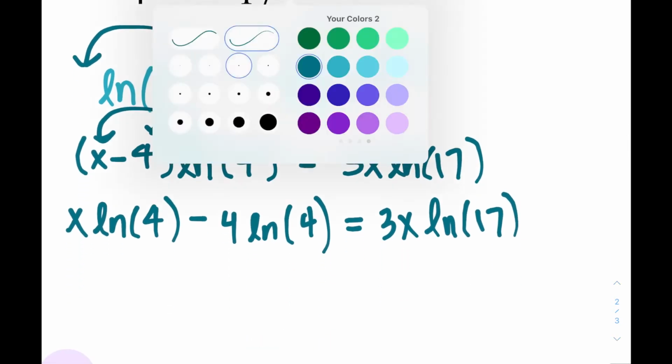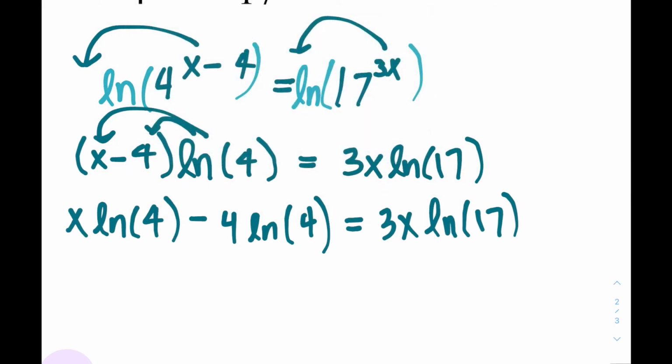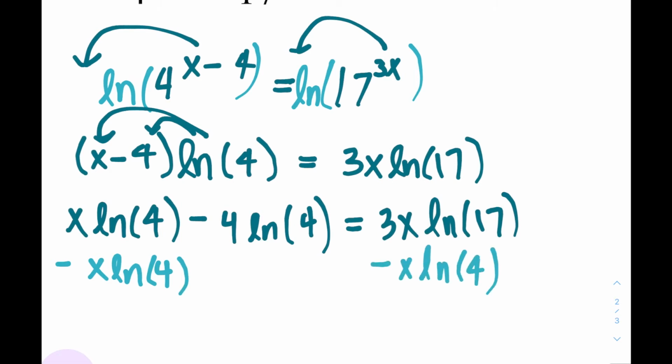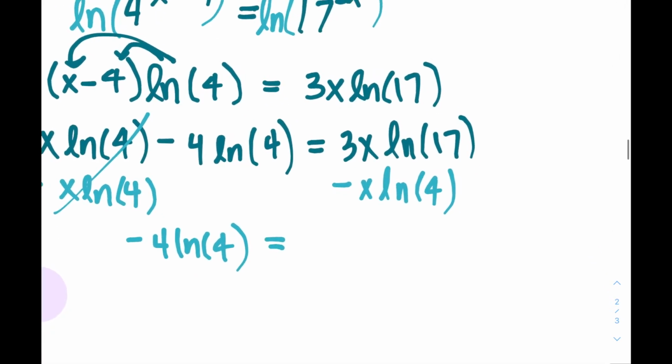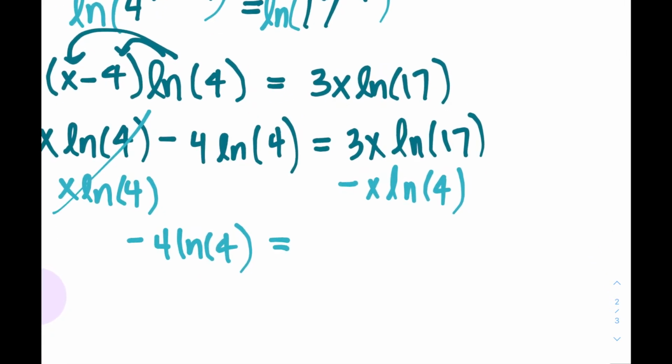So now that we have that, we're going to go ahead and get the x's on the same side. So I'm going to subtract x natural log of 4 from both sides. Okay, over here it cancels and we're left with negative 4 natural log of 4. On this side, we're in a little bit of a problem here because those aren't like terms.